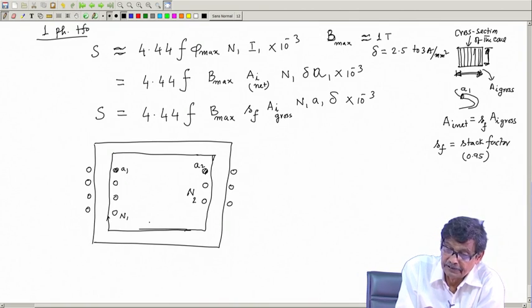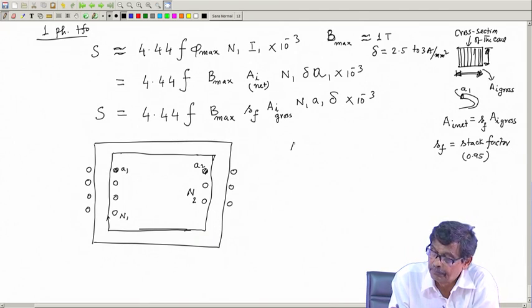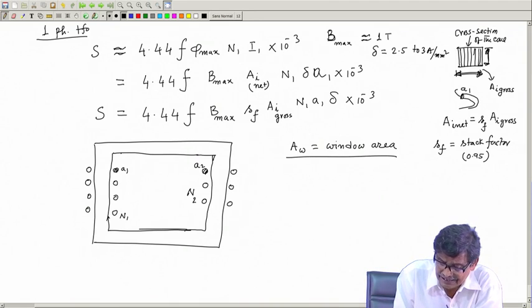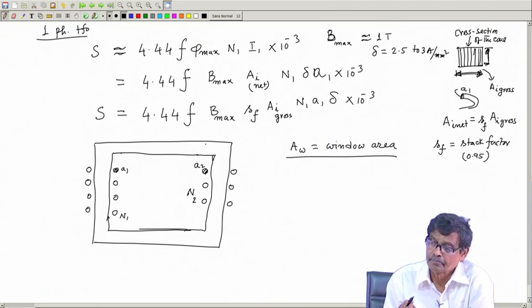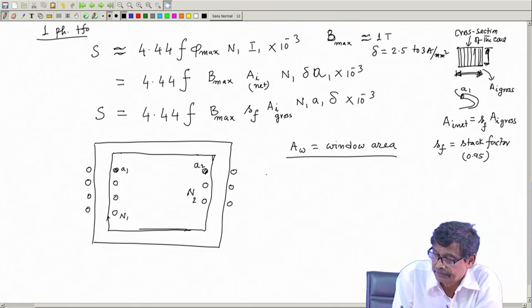So, this internal rectangular area is the window area, AW is the window area. This length into this side. There is a factor like the stack factor, which we call the window space factor.